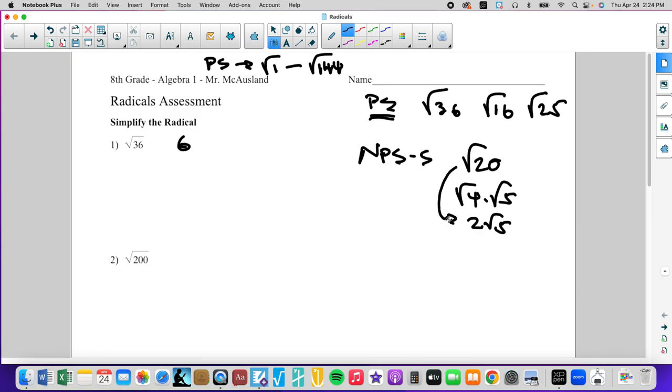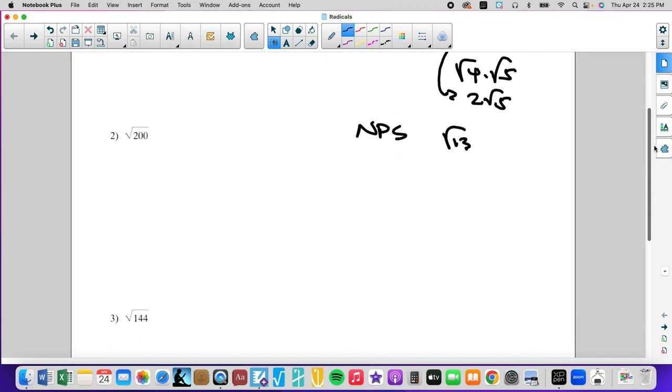So the square root of 20 can be simplified. And then the other is non-perfect squares that can't be simplified, like the square root of 13. That can't be simplified, so that is its final answer. So perfect squares, non-perfect squares that can be simplified, and then non-perfect squares that can't be simplified.